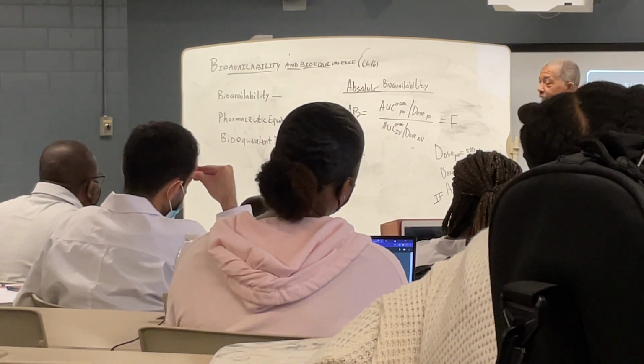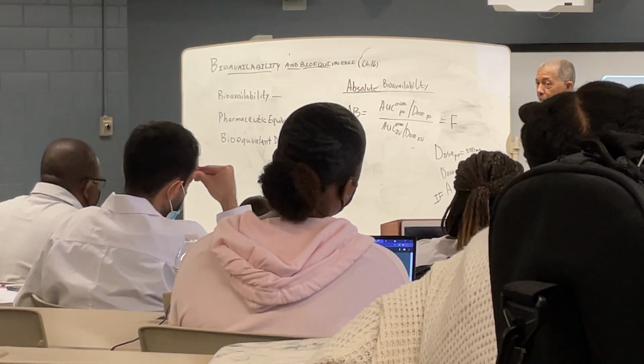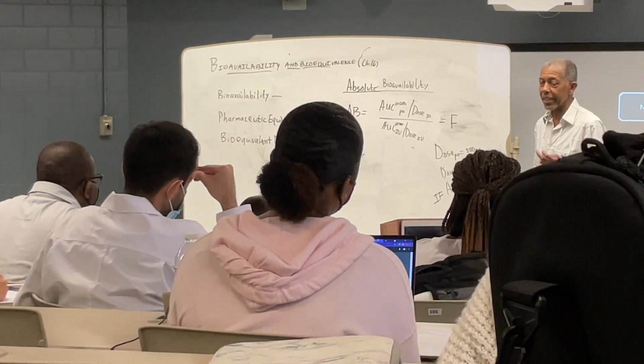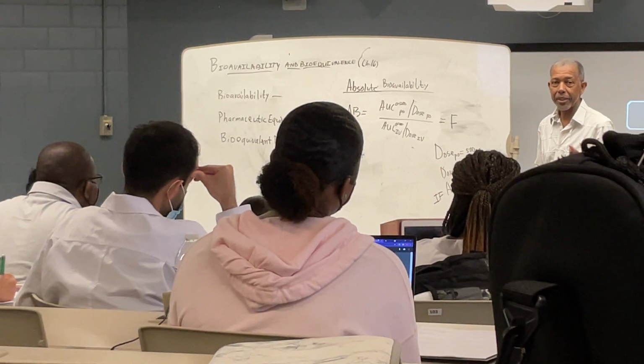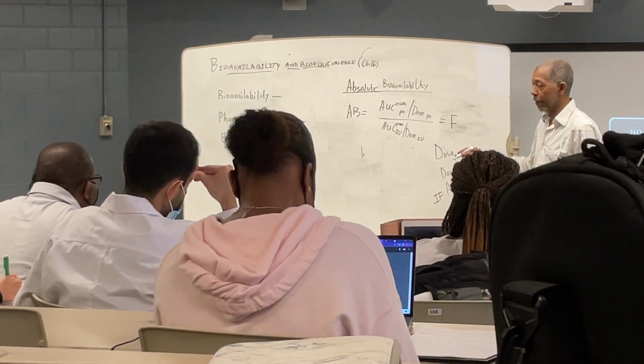So if you're doing a calculation, and I have done this on tests sometimes, you probably won't see it on this exam, because we're not going to have bioavailability on this exam. But on tests sometimes we get the bioavailability stuff.